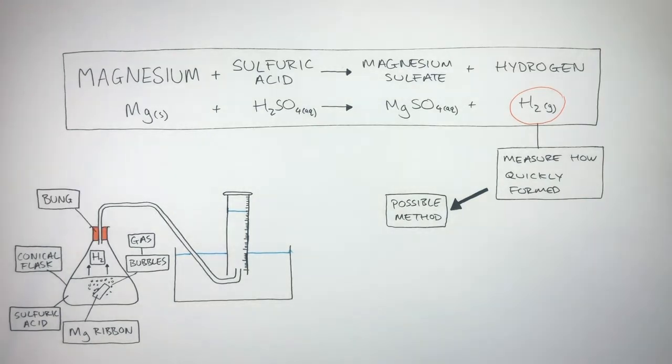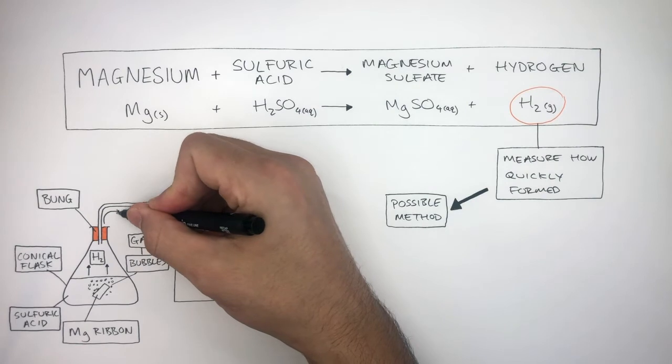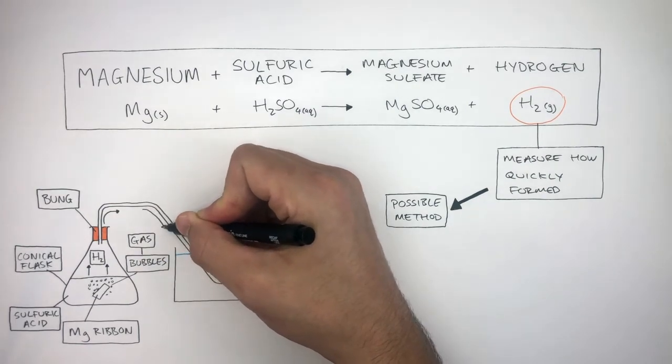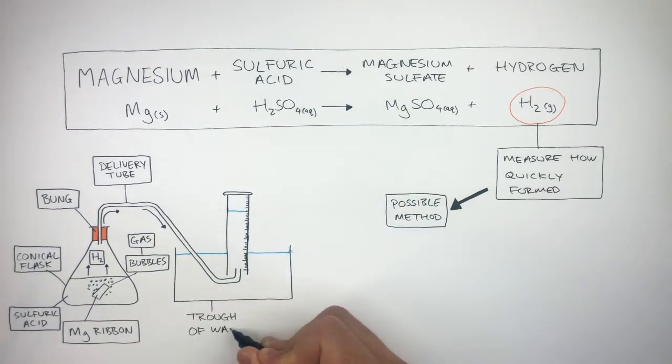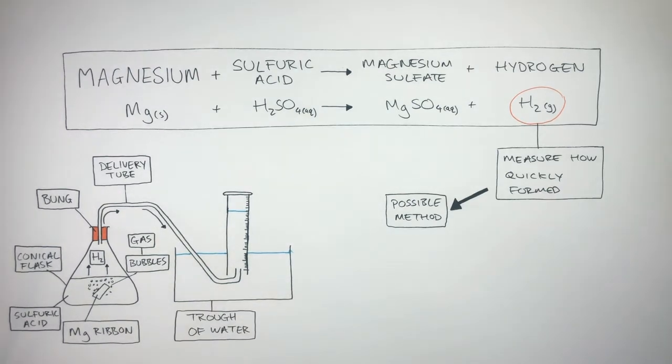The job of the bung is to prevent hydrogen gas escaping out of the conical flask. The hydrogen gas flows through the delivery tube towards the inverted measuring cylinder, which is in a trough of water, where there is water inside the measuring cylinder.